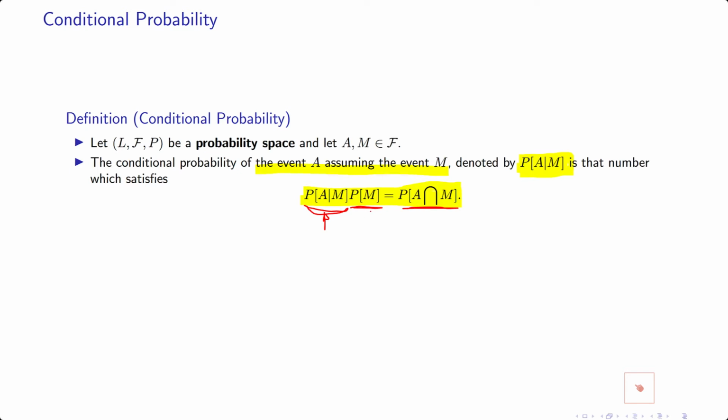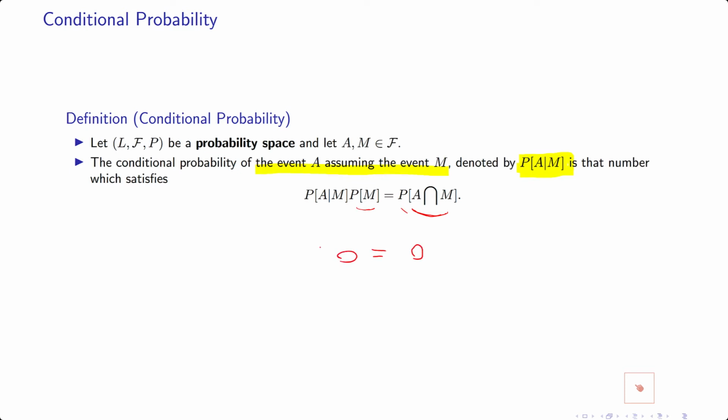Now if the probability of M is 0, in that case the probability of the intersection of A and M is less than the probability of M, so it is 0. So I get 0 equal to 0.